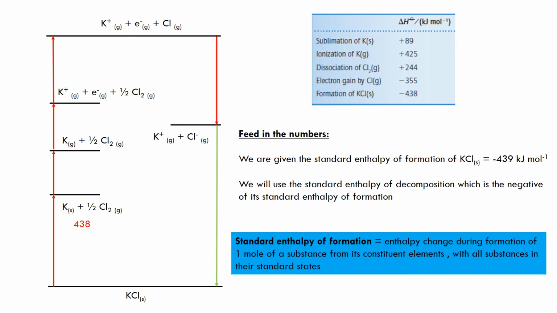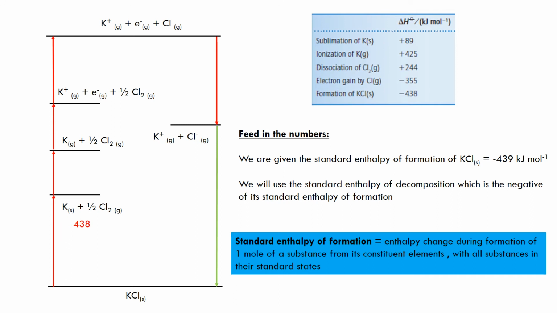So I'm given the standard enthalpy of formation of potassium chloride as minus 438 kilojoules per mole. Apologies, it says minus 439 there. The standard enthalpy of formation is the enthalpy change during the formation of 1 mole of a substance from its constituent elements with all substances in their standard state.